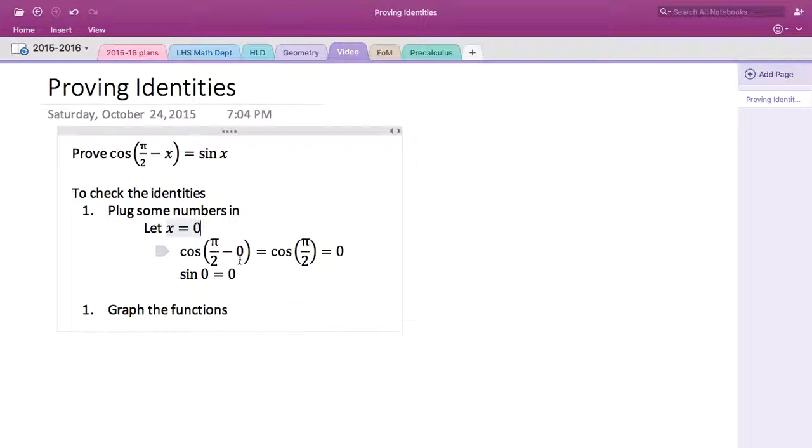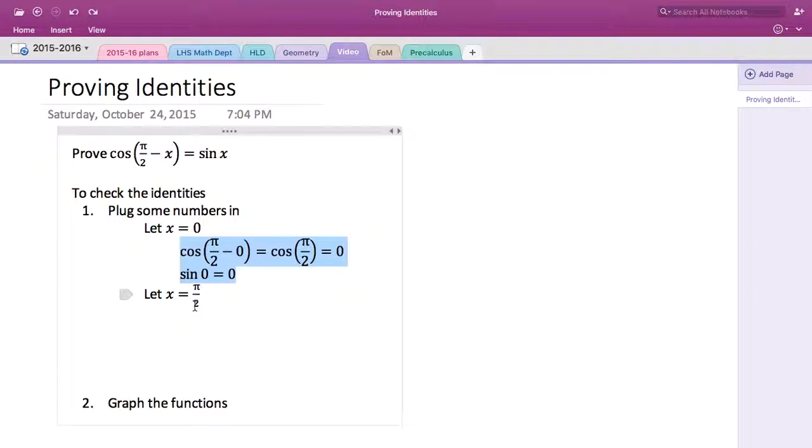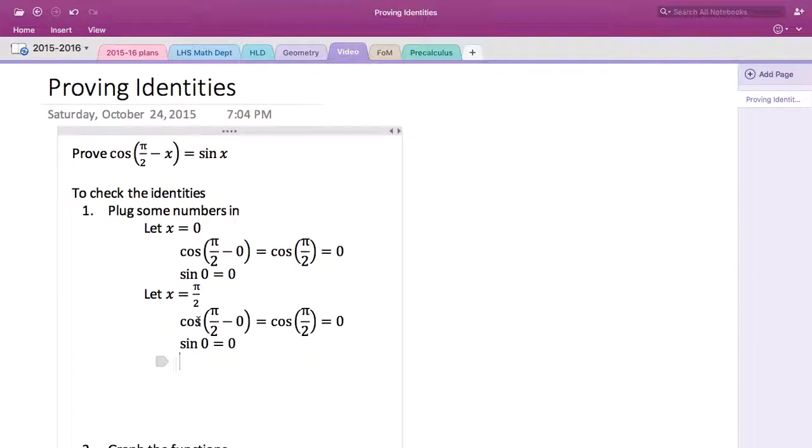So in this case it is good, but we know that one number doesn't mean anything. So let's try some other number. How about pi halves? Instead of plugging in zero, we're going to plug in pi halves.